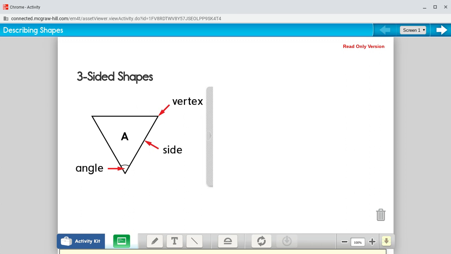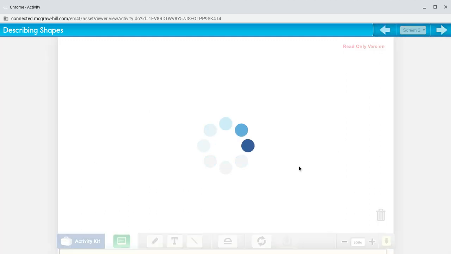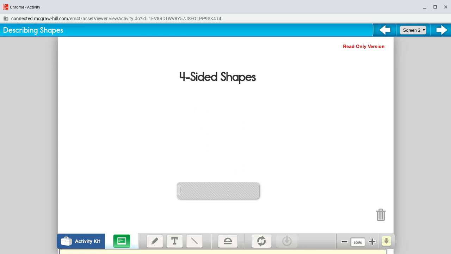So a three-sided shape is a triangle, and it looks just like that. Right? Then we have our four-sided shape. So a four-sided shape could be any of those shapes that we just saw before: a rectangle, a square, a trapezoid, a rhombus. They are all called this really big fancy word here, quadrilateral. Quadrilaterals are any four-sided shape.